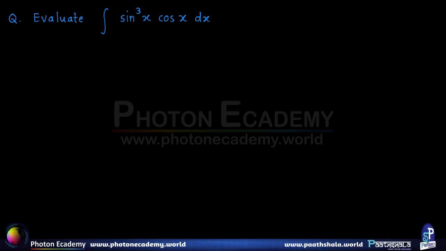So here we can easily see that if we call sine x as t, then the derivative of sine x is cos x, which is correctly present in the numerator as we want. So therefore we can definitely go ahead with the substitution, and let sine x be called t.